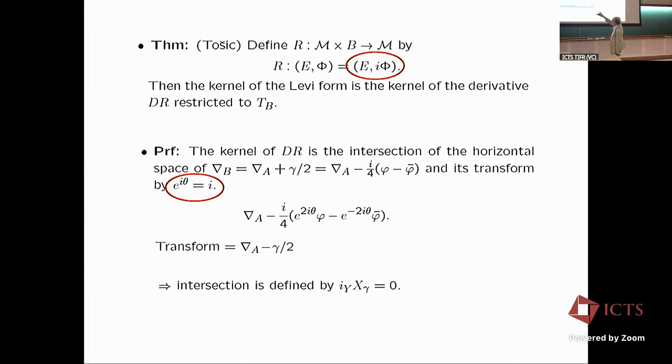So when e to the iθ is i, that changes e to the 2iθ to minus. And so we're looking at the intersection of the horizontal space of nabla A plus gamma over 2 with nabla A minus gamma over 2, which means the intersection is given by gamma itself, by the vector fields which annihilate it. That's just an aside, really.